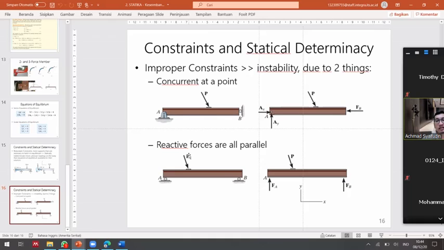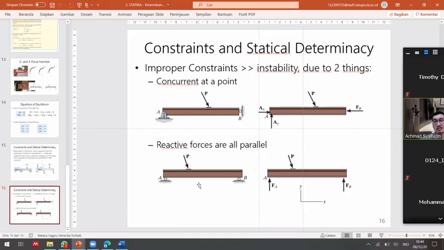And the second example is reactive forces. You see the problem has a slope and a concentrated force, but the support only provides a vertical reaction.